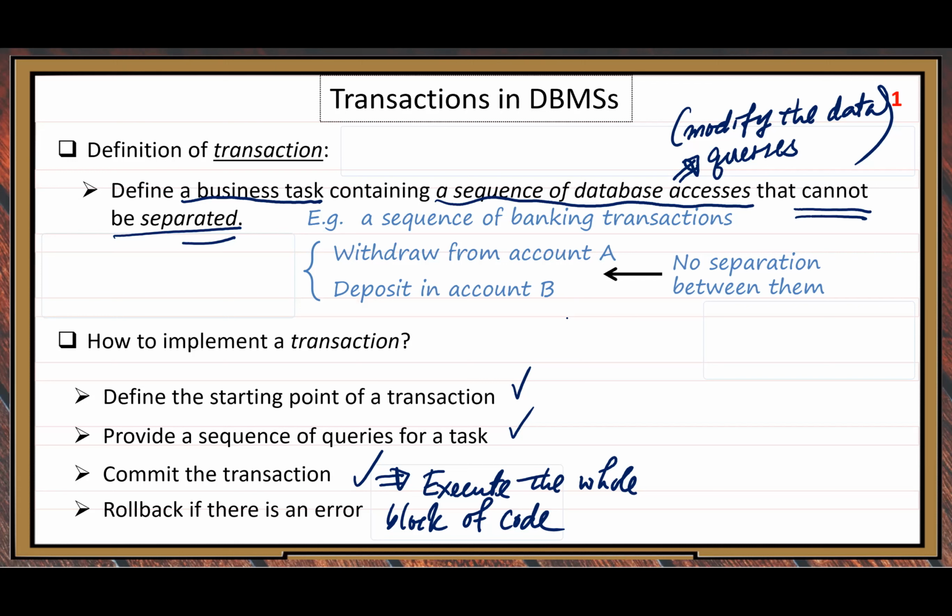Then the DBMS must execute the whole block at the same time. If something goes wrong when the DBMS executes this block of code that defines a transaction, then the last step: roll back if there is an error.